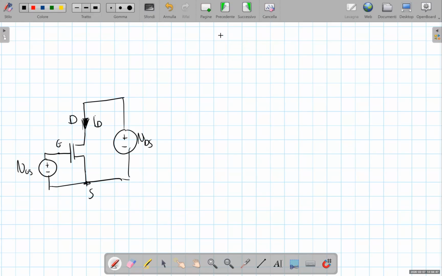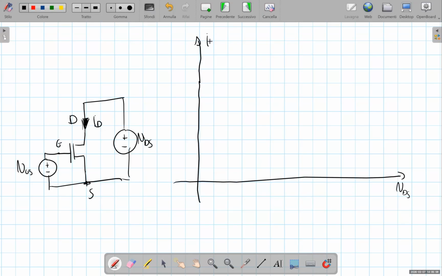For this purpose, let's consider the plane with the drain source voltage on the x-axis and the drain current on the y-axis, and let's plot the ID versus VDS characteristic as a function of the gate source voltage.